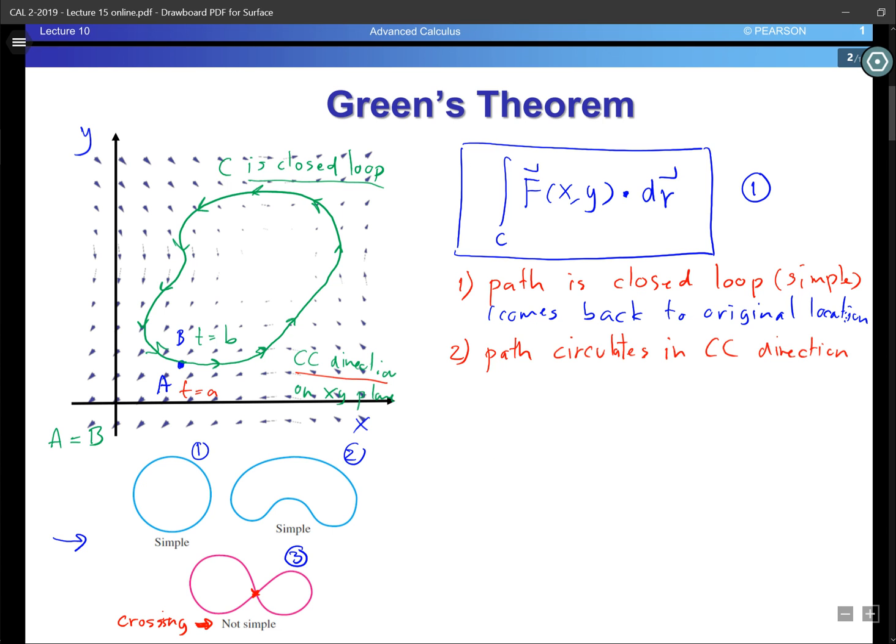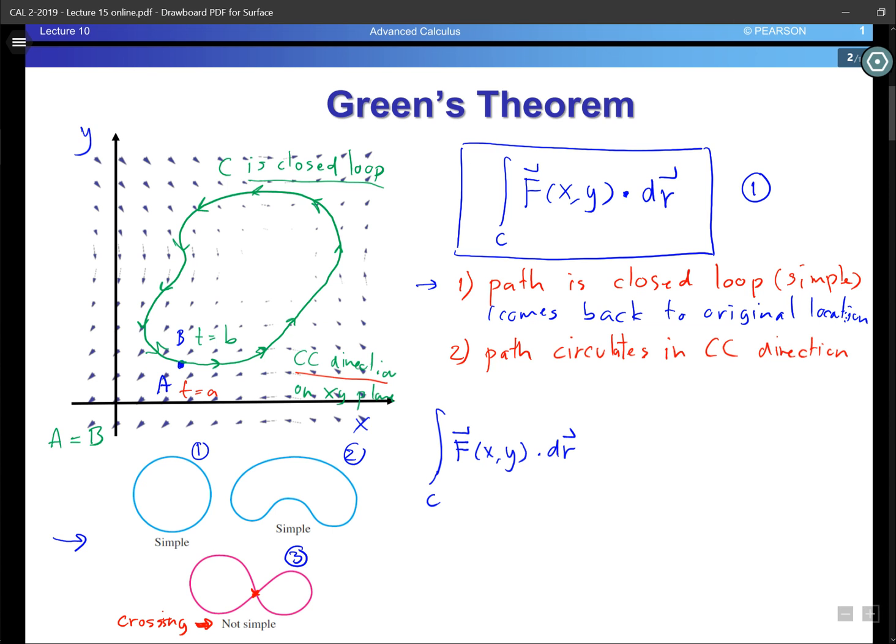Let me put this again. Integration of F(x,y) dot dr. That is the first form along a curve. But now we have two more conditions. Path is closed loop.